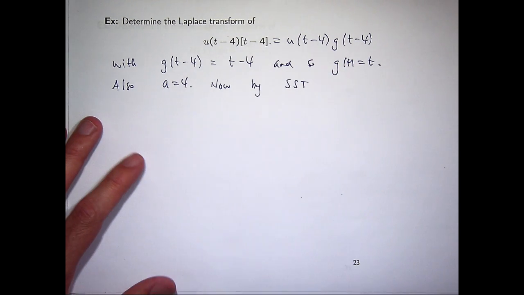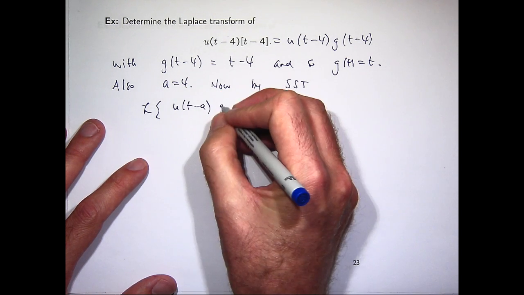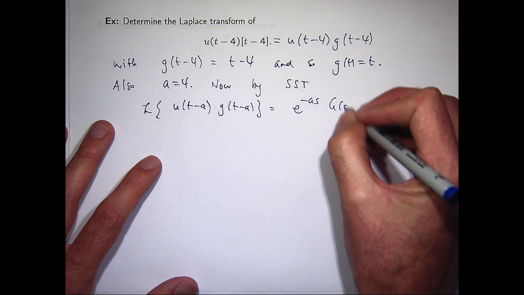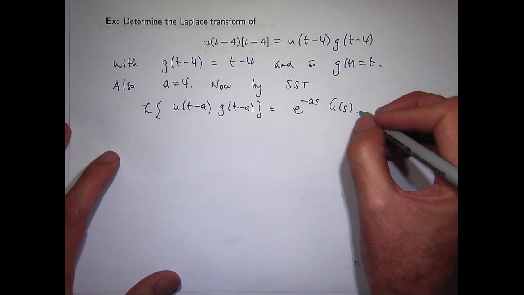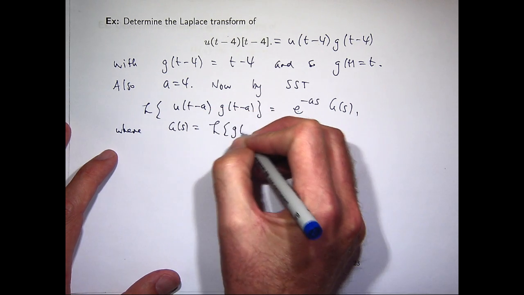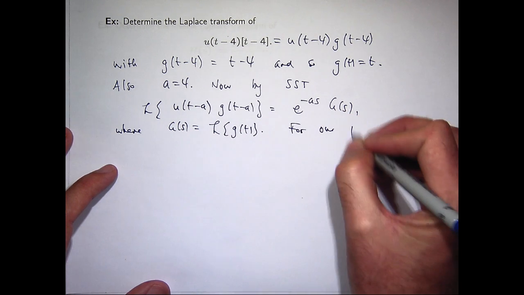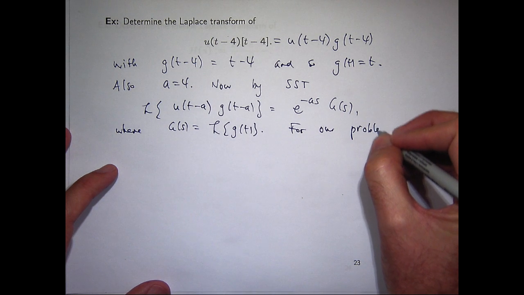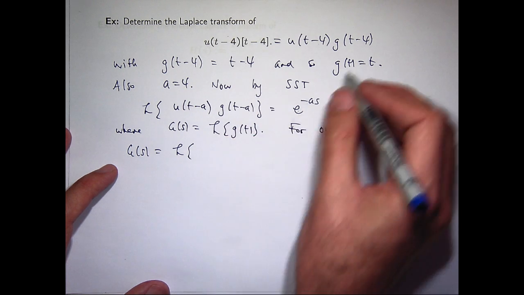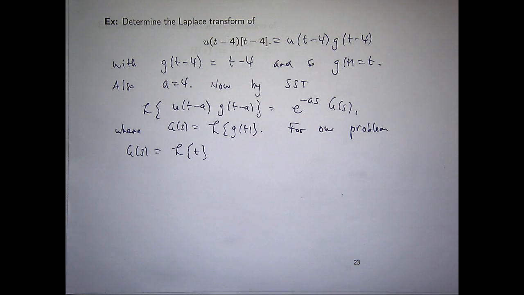So by the second shifting theorem, we have this. For our problem, the Laplace transform of little g is just the Laplace transform of t. I'm sure some of you can remember the Laplace transform of t.